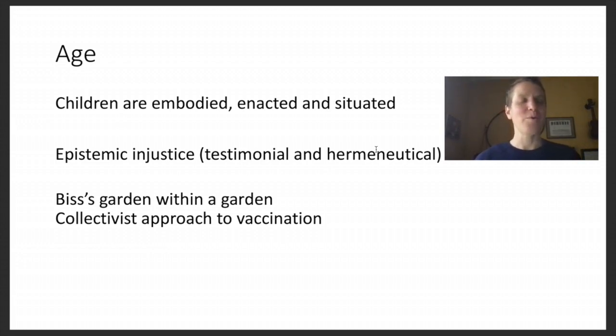Then we talked about a garden within a garden: how we're each a collection of organisms, like we talked about with microbes, and how we're also an organism that exists within multiple other organisms. And we have this collectivist approach to vaccination, which sees decisions about vaccination not just as decisions that affect only the individuals who are making them, but affect the whole society, because the vaccination rates of the people around you affect your own health, and possibly in some cases even more so than your own decision to vaccinate or not, with some diseases.